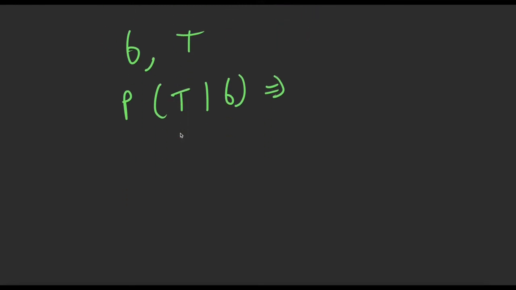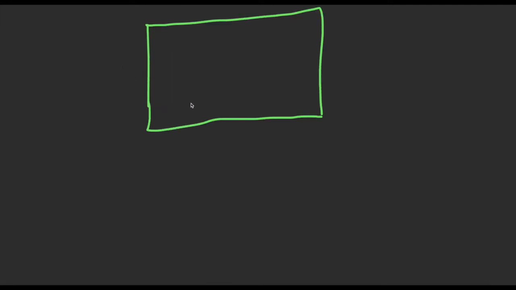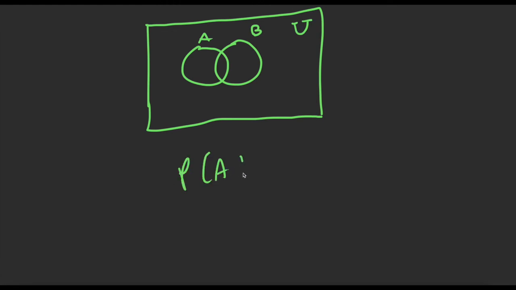Let me explain it using a Venn diagram, which is one of the best ways to prove anything in probability. Here, let's say this is set A, this is set B, and this is the universal set, and you need to find the probability of A given that B has already occurred.